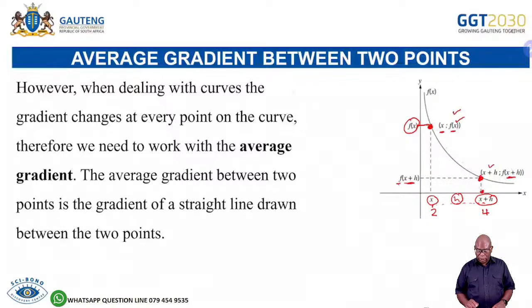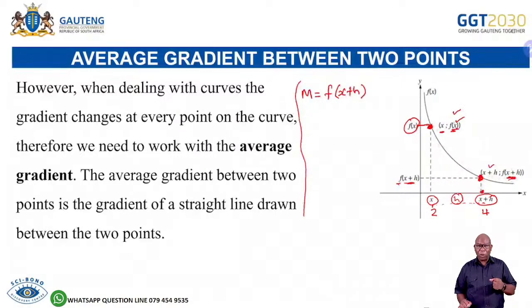So how am I going to get the gradient of that? So if I need the gradient of that line there, I'm going to say the gradient will be equal to f of x plus h, right, minus f of x.